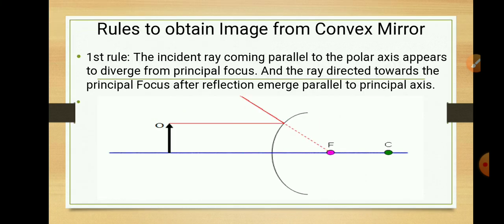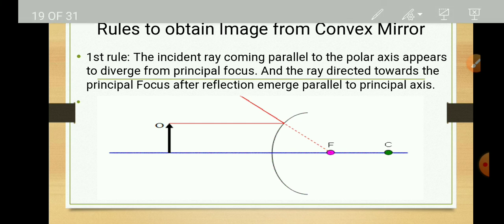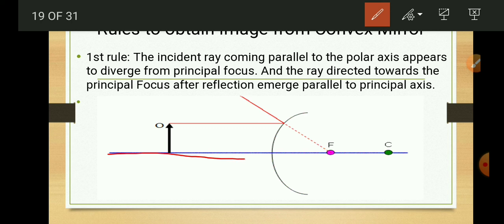Next are the rules to obtain an image from a convex mirror. In the case of a convex mirror, an incident ray coming parallel to the principal axis appears to diverge from the principal focus. See, this is the principal axis and this is the incident ray which is coming parallel to the principal axis. After reflection from the convex mirror, it appears to diverge from the principal focus.